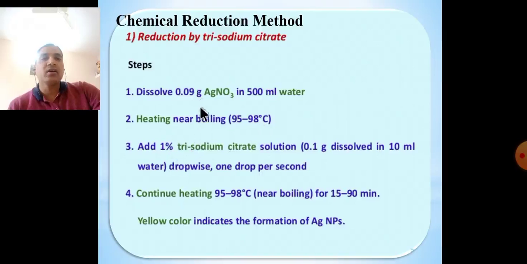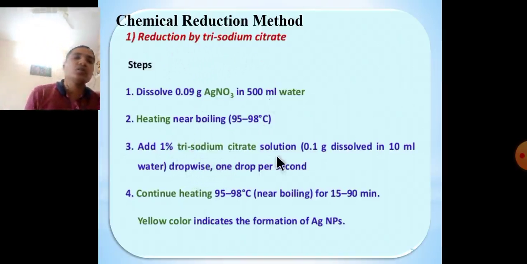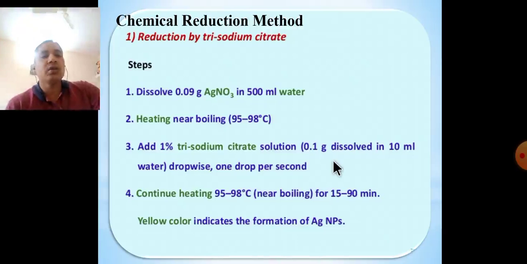Then add the reducing agent, 1% trisodium citrate solution, that is 0.1 gram dissolved in 10 ml water, and this trisodium citrate is added dropwise to the AgNO3 solution, 1 drop per second. Then continue heating at 95 to 98 degrees, near boiling, for 15 to 90 minutes. Yellow color indicates the formation of silver nanoparticles. That is the second method.